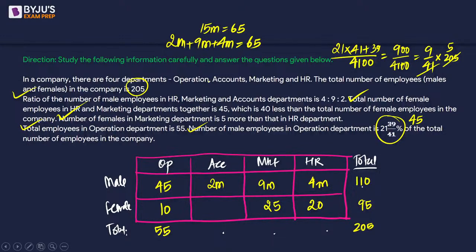110 plus 95 is 205. And 41, 4 into 5 is 20, 9 into 5 is 45.